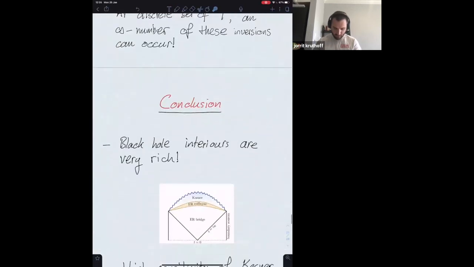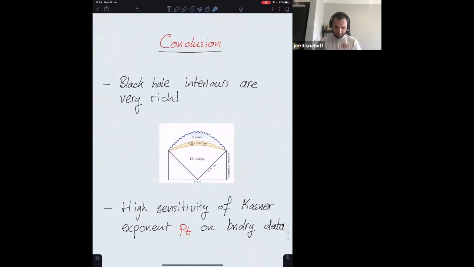So basically then just to conclude, I think black hole interiors are very rich. We saw just for some simple matter choices that for instance, there's a phenomenon that I call the Einstein-Rosen bridge collapse, followed by a Kasner universe, or even a more intricate behavior with Josephson oscillations, and then these Kasner inversions and fractal behavior.